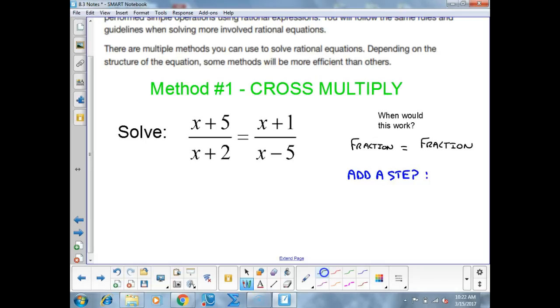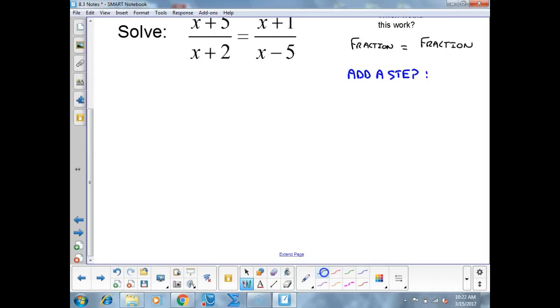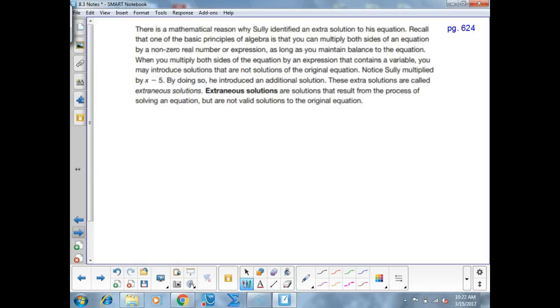And that is, we're going to have you state the restrictions first. We had been doing the restrictions at the end, because we were just saying this is where the function doesn't exist. Now, I'm going to have you start with the restrictions because of this thing called extraneous solutions.